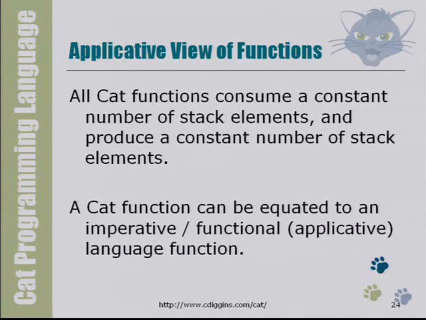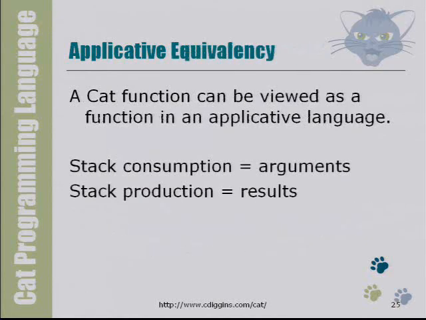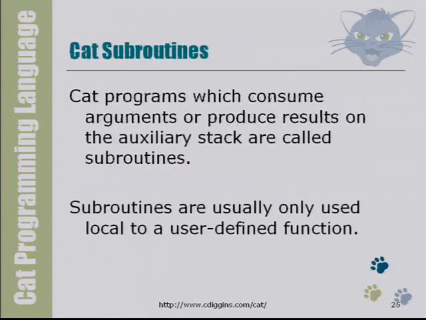As a result of the idea of consumption and production, you can consider a CAT function to be just like a regular applicative function, a function in an imperative language or a function in a functional language. So the stack consumption is your arguments and the stack production is your results. I already defined what CAT subroutines are, so we'll skip this.